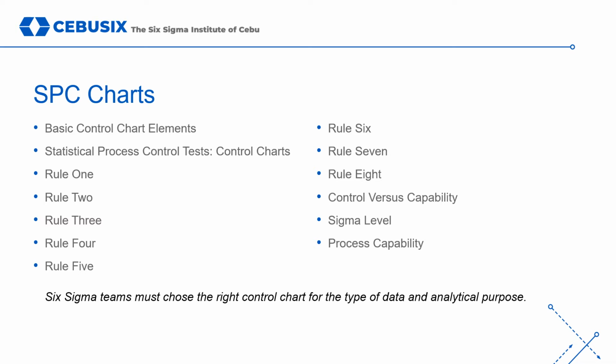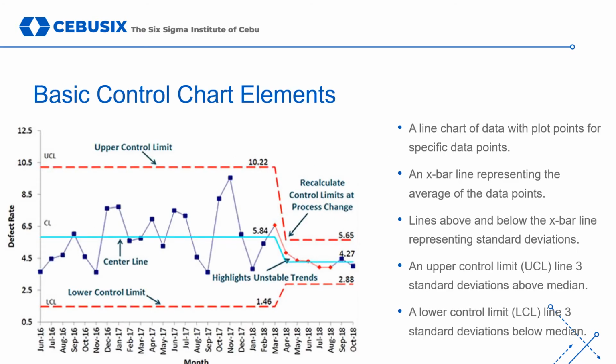The basic control chart has not changed much since it was first introduced by Shewhart a century ago. It is, in all simplicity, a line chart of data with plot points for specific data points. There will be an X-bar line which represents the average of the data points.